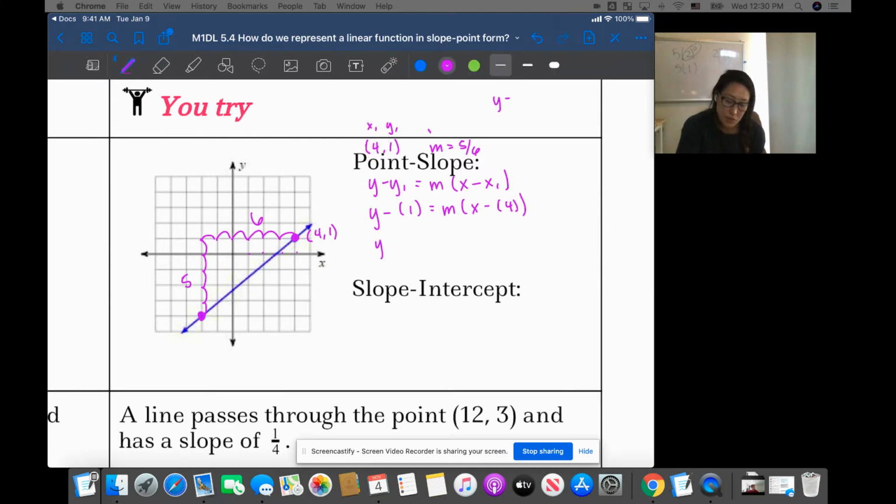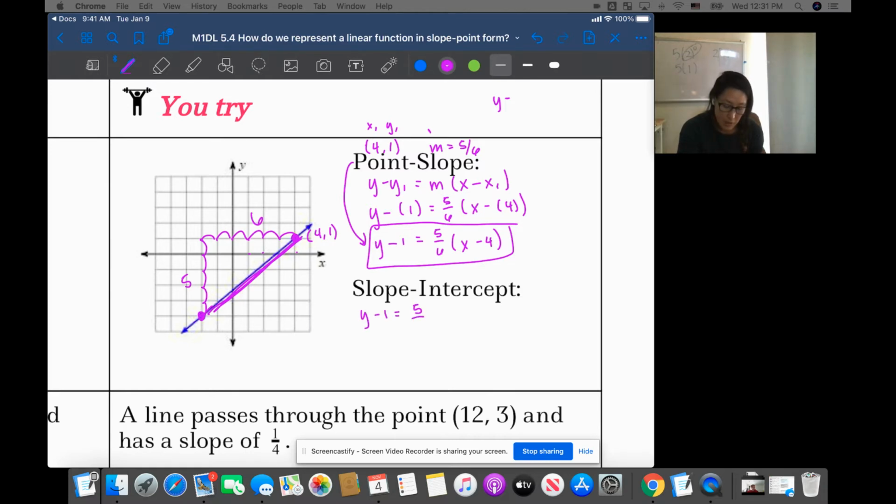Okay, so just rewrite this. Y minus 1 is equal, oh, forgot my slope, my slope is 5 over 6. And it makes sense because the line is increasing, it's going uphill. So my slope should be positive. Okay, so I have 5/6 times x minus 4. Here, that's slope point.